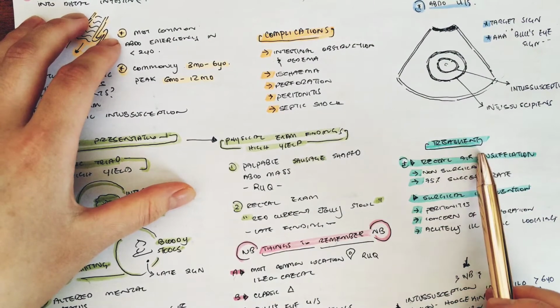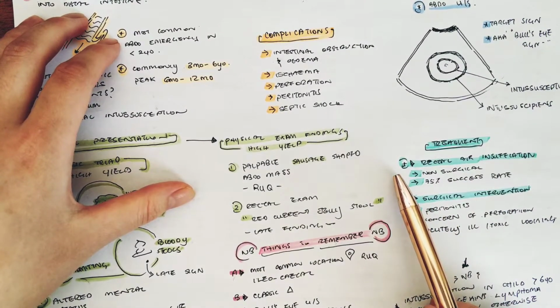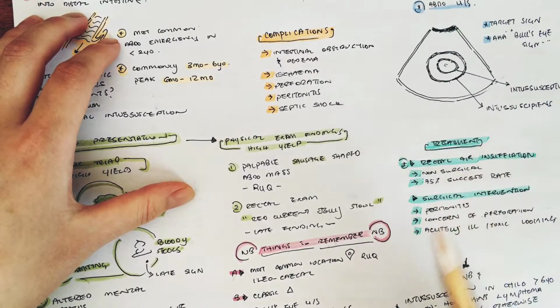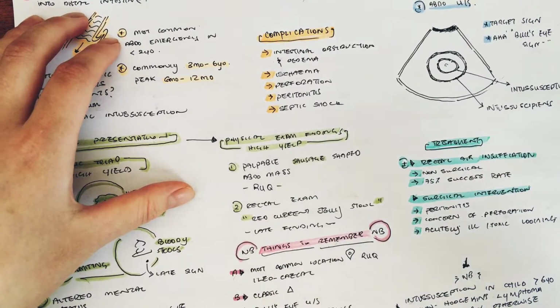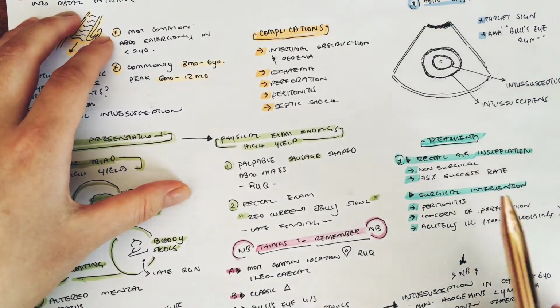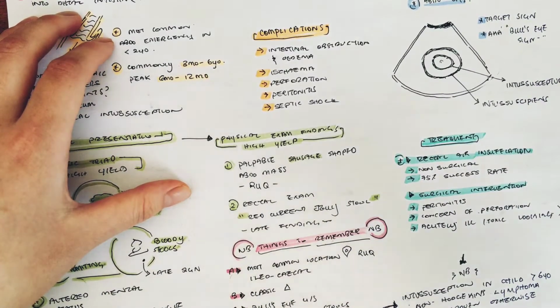So the treatment for intussusception, very importantly, we can try rectal air insufflation. So that is the non-surgical way of treating intussusception, and 75% of the times it is successful. So when you treat with rectal air insufflation, there's about maybe 10% of the times where there's recurrent intussusception.